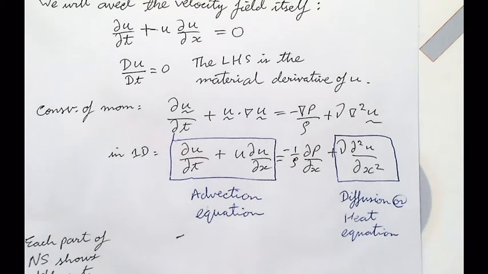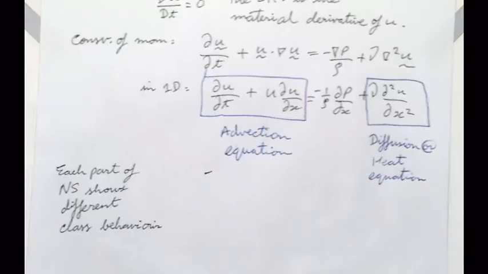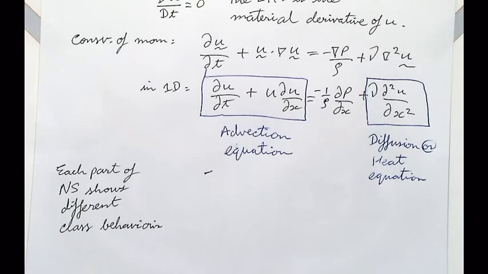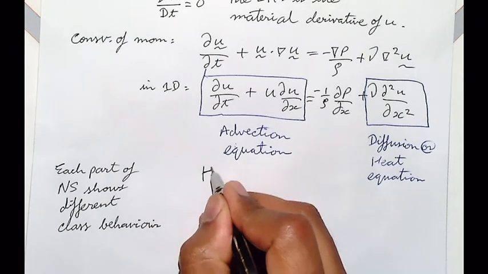All right, so what does the advection equation behave like? You have three options: elliptical, hyperbolic, parabolic. Hyperbolic. So this behaves as a hyperbolic PDE.